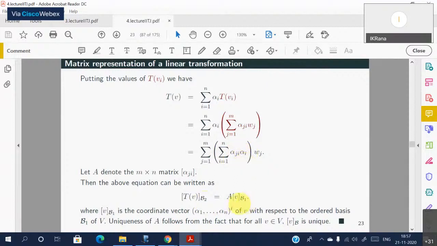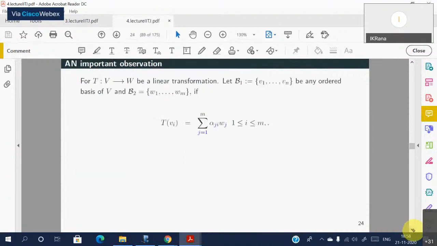And because it is a basis, this representation is unique. It is not a difficult part to show that the coordinates for a vector are unique, so that will give you the uniqueness also. So this is called the matrix representation of the linear transformation.